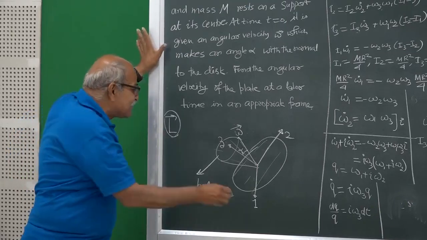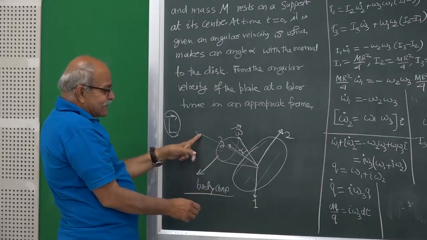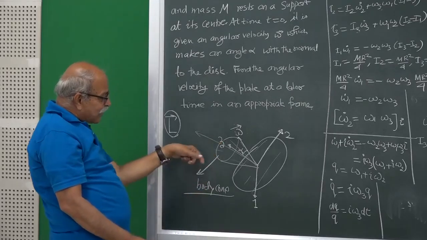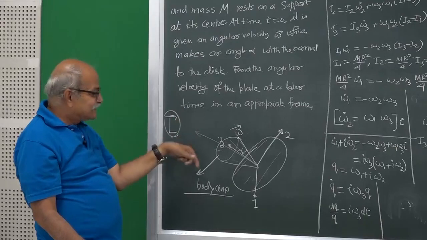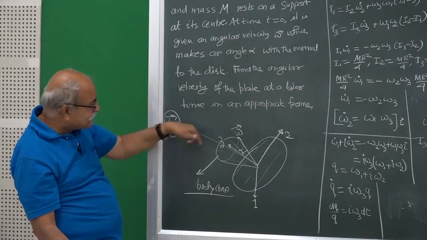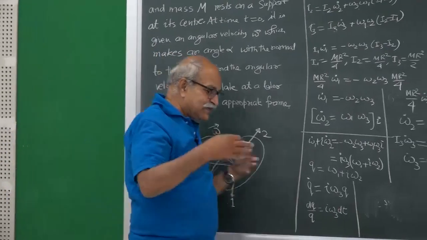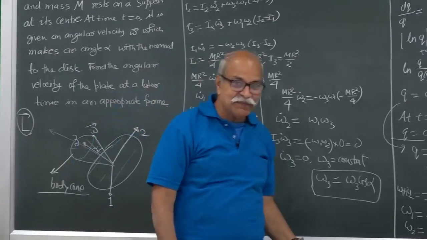So, this L will have a fixed direction, and then the 3 axis will go around that L vector, making yet another cone. These are the body cone and the space cone, somewhat more advanced topics that I will not be taking up.